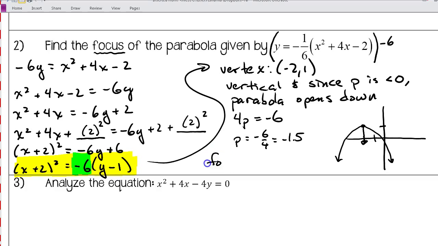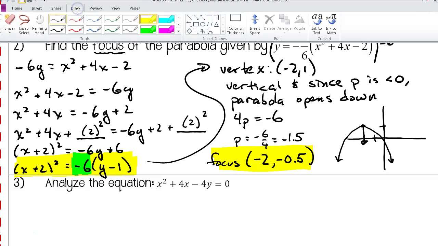So that would put my focus at -2, so I'm still going to go -2, and then 1.5 units below this. If I'm up at 1 and I go down 1.5, that's going to put me at -0.5, and that gives us our focus, which is basically all we needed to find for this problem.